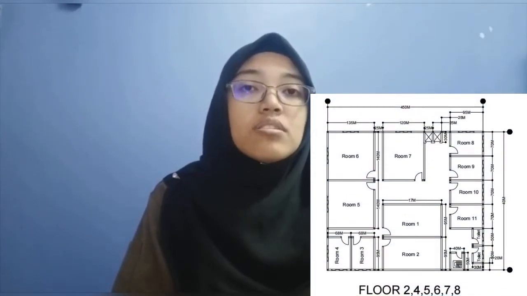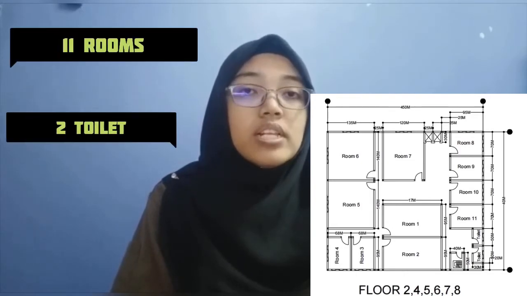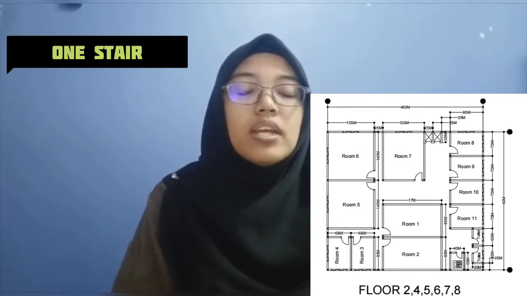For the ground floor, we can see that it consists of 10 rooms, 2 toilets, 2 lifts and also 1 stairs. For floors 2, 4, 5, 6, 7 and 8, it consists of 11 rooms, 2 toilets, 2 lifts and also 1 stairs.